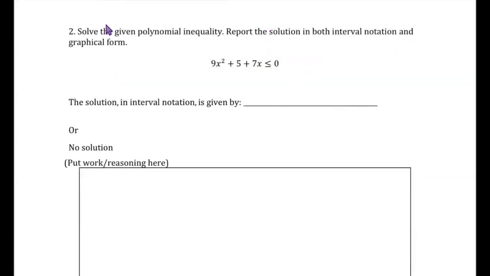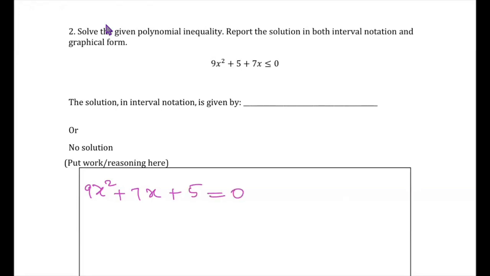Our next example is the same concept: 9x squared plus 7x plus 5 less than or equal to 0. We're going to solve to see where this expression is equal to 0 or less than 0. Now, the basic information that we need to know is that sometimes when solving these types of problems, we want to solve the equation 9x squared plus 7x plus 5 equals 0.